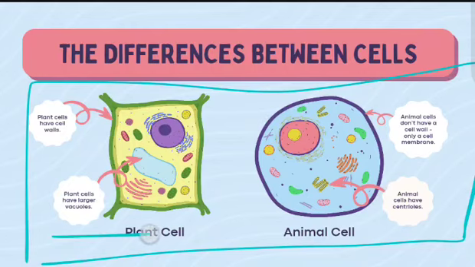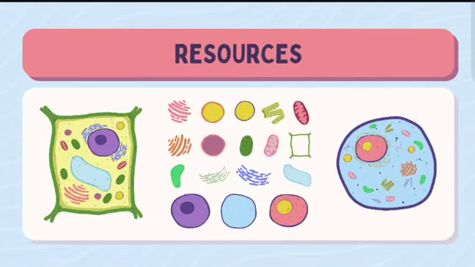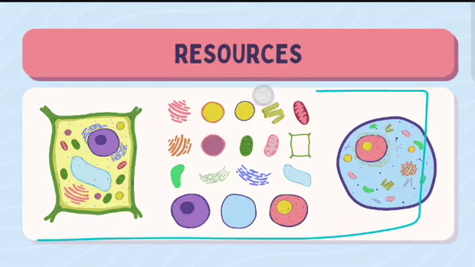This is the main difference. Animal cells don't have a cell wall, so there is no inside layer of the cell wall. The outer layer is only there. Animal cells have centrioles, which divide, that I told you about.